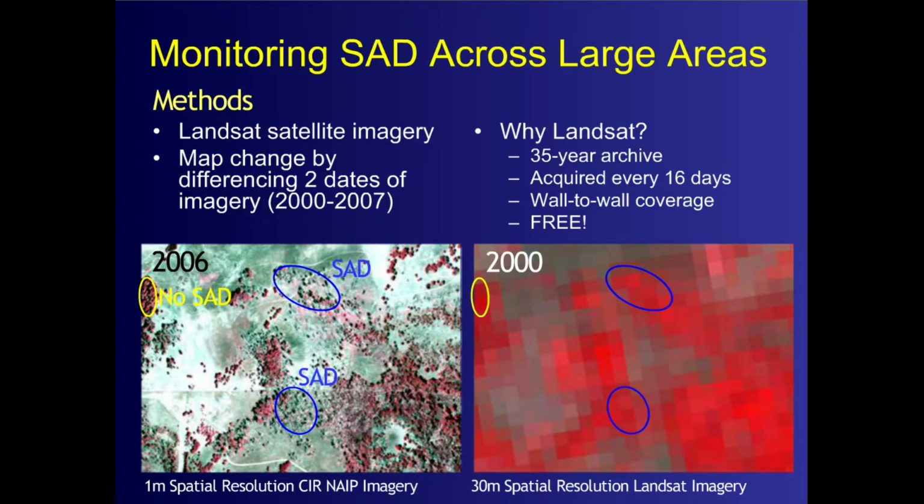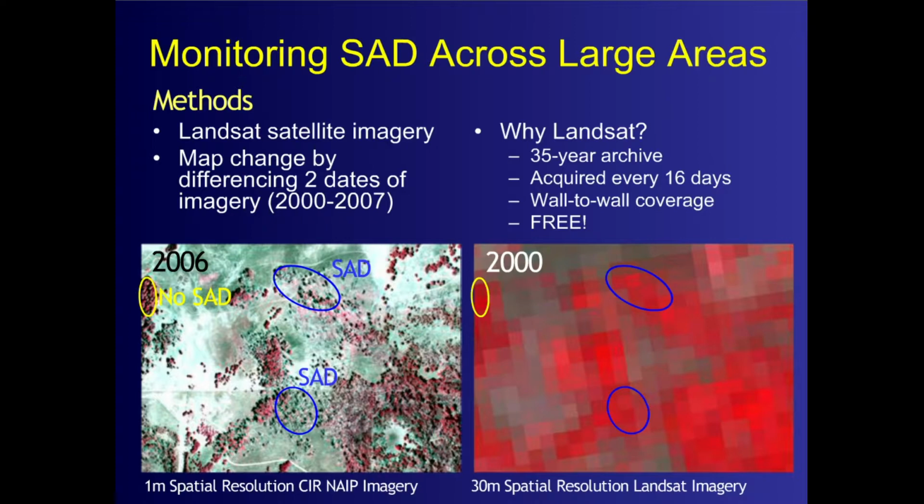Okay, back to this slide. On the left, I've got this NAIP imagery displayed again, and this is color infrared, so the reds are indicators of green vegetation, and in this case the reds are all aspen.